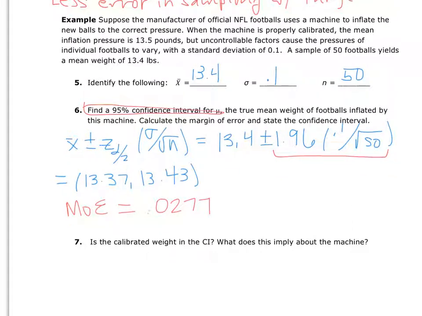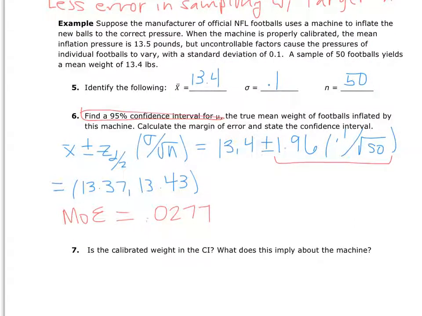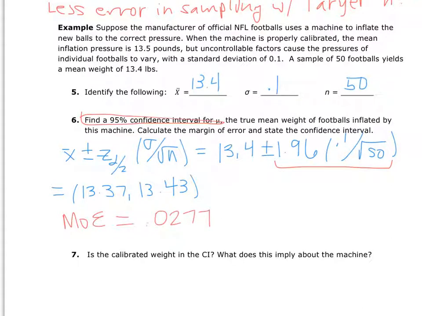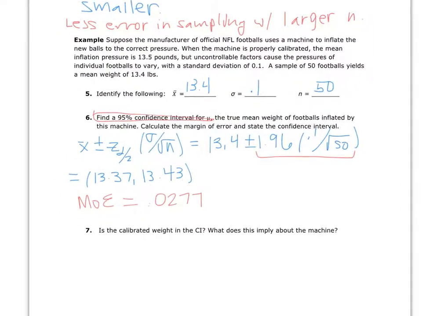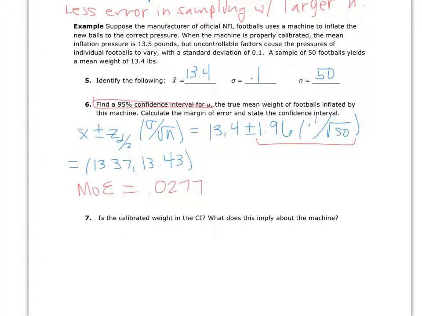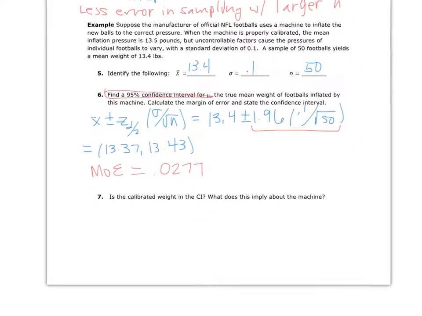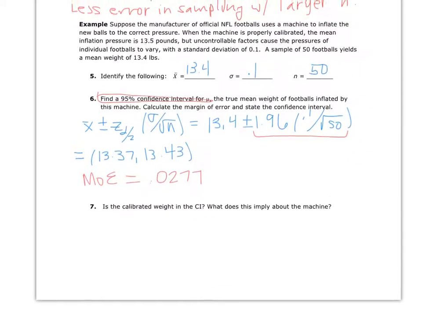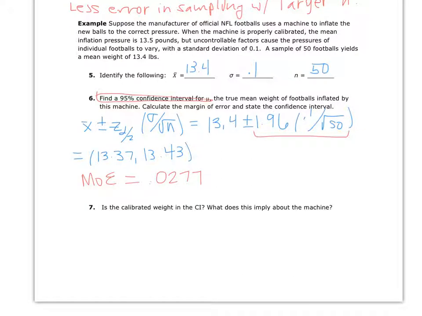Now let's look at this next question. It says, is the calibrated weight in the confidence interval? What does this imply about the machine? It says when the machine is properly calibrated, the mean inflation pressure is 13.5 pounds. So in other words, the target pressure is 13.5.